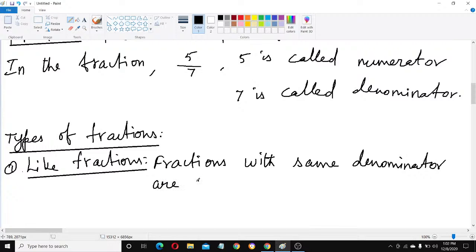Fractions with the same denominator are called like fractions. Now I'll write the example.